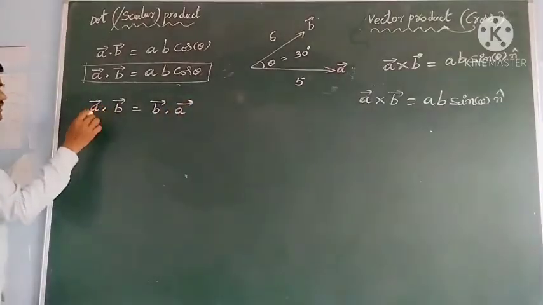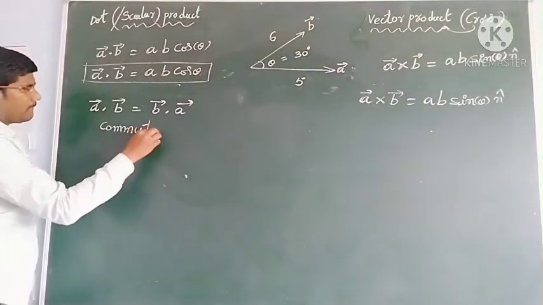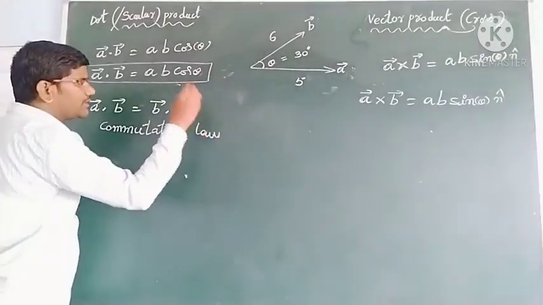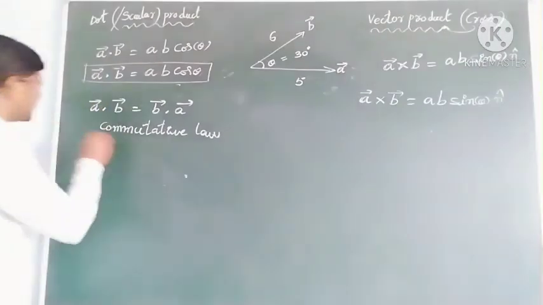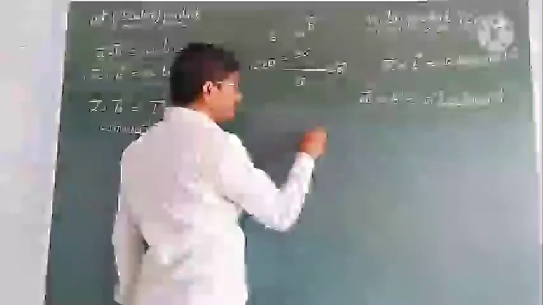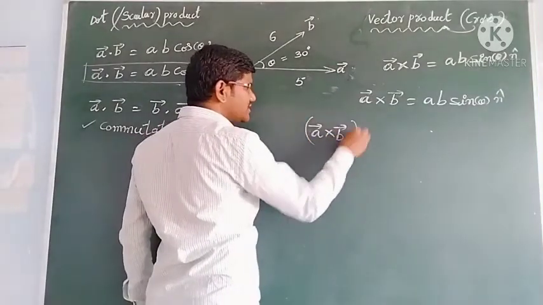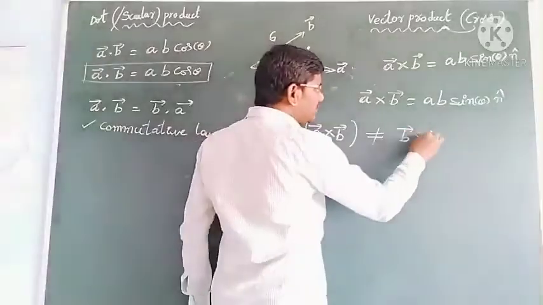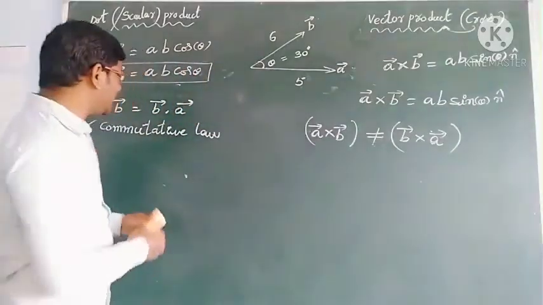This is called the commutative law, so commutative law is obeyed for the dot product. And if you take A bar cross B bar, it is not equal to B bar cross A bar. So the commutative law does not hold here.